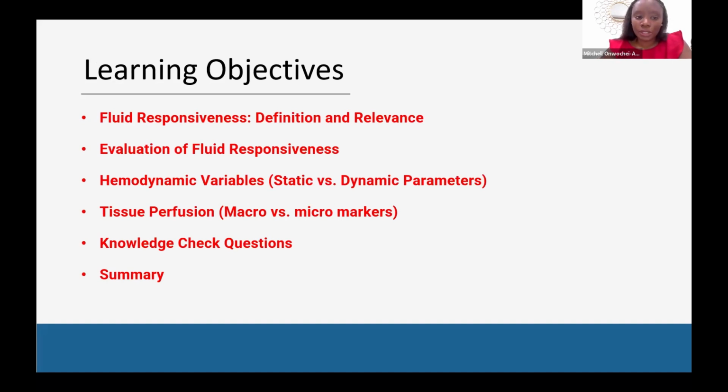I also will very briefly touch on tissue perfusion, as some clinicians are recommending we move towards using tissue perfusion as a guide to monitor fluid responsiveness. We will go over a few knowledge check questions, and I will end with a summary.